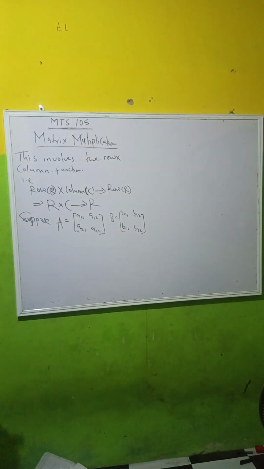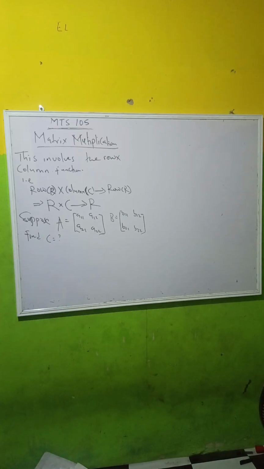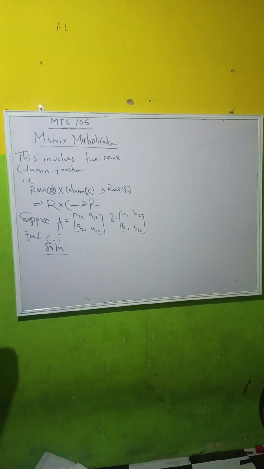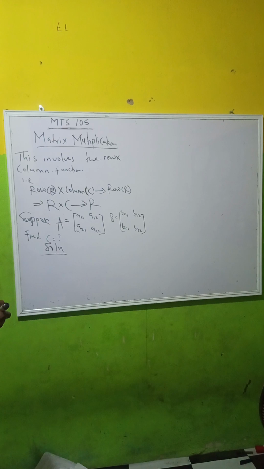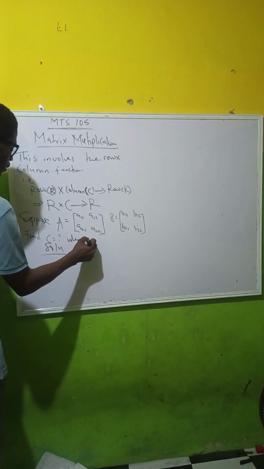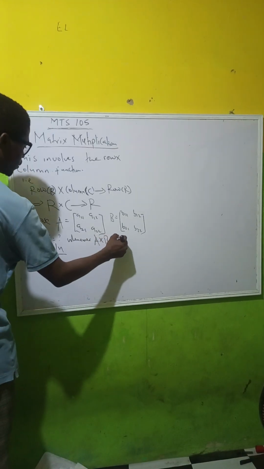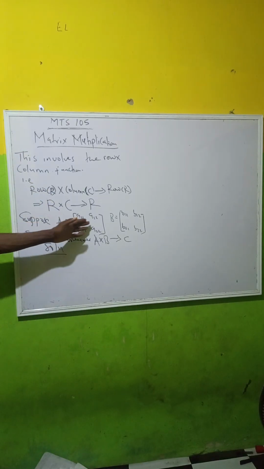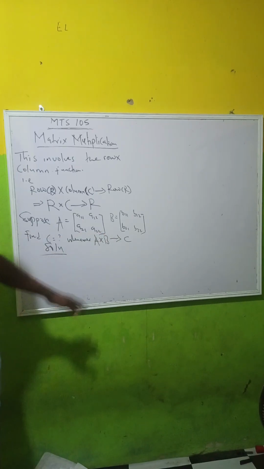We are told to find C. So we just want to show that the product of this and this is going to give us C. Find C whenever A times B is C.